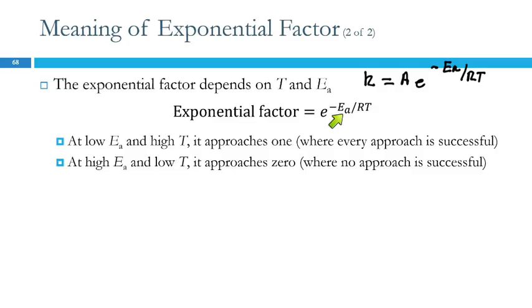Do you mean this A? No, the big A. So the big A is the frequency factor, and this is the exponential factor. The rate constant equals the frequency factor times the exponential factor. So we're just looking at them separately because we just need to understand how they work. Okay?